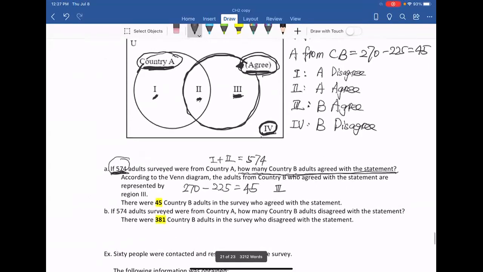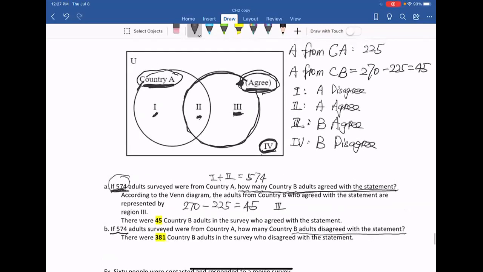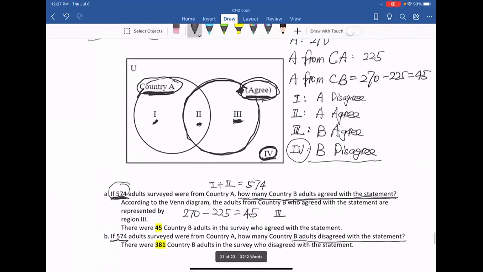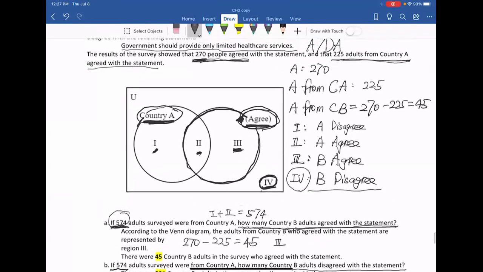Okay, let's move on. Next part: if 574 adults surveyed are from country A, how many country B adults disagree with the statement? So country B disagree. That means we are looking for the number in region 4. So how to find the number in region 4? Right now we already know region 2, the people from A who agreed the statement, is 225.